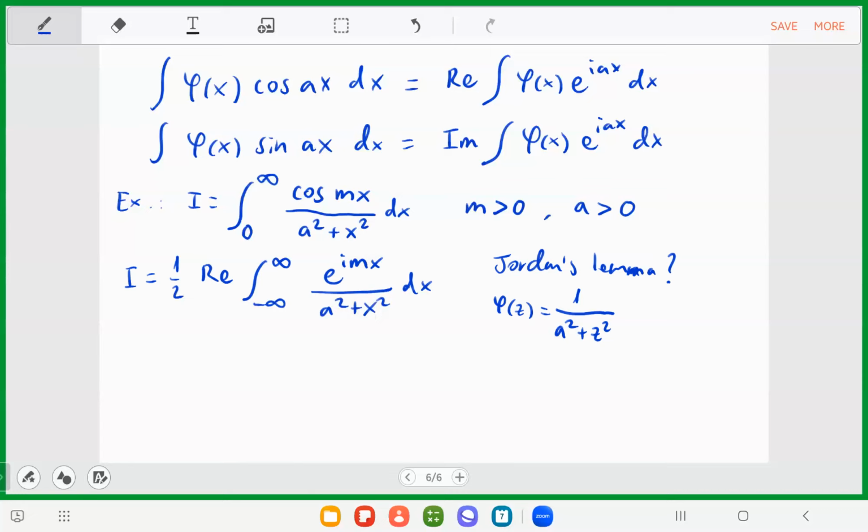Actually, in this case, it doesn't matter if we imagine the argument of z between 0 and pi on the upper half plane, or the arguments of z larger than pi.